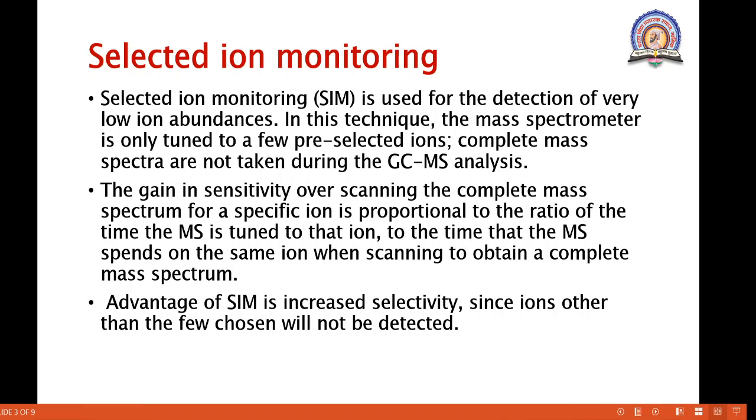Another advantage of SIM is increased sensitivity, since ions other than the few chosen will not be detected. That means whatever ions we have selected, only those ions get detected in SIM. The remaining ions are not going to be detected during the analysis.